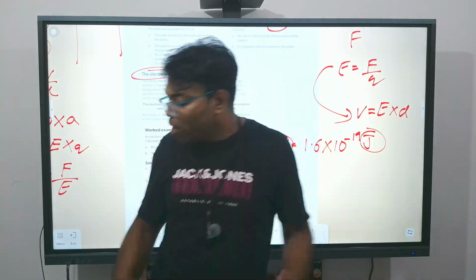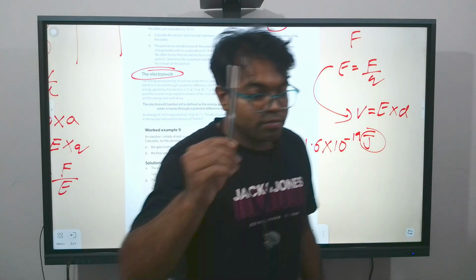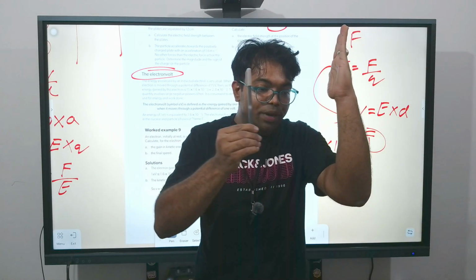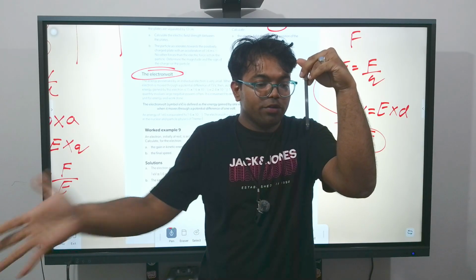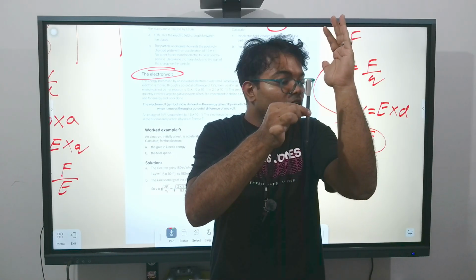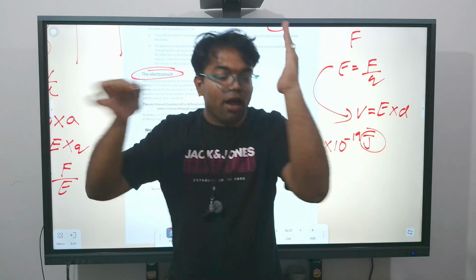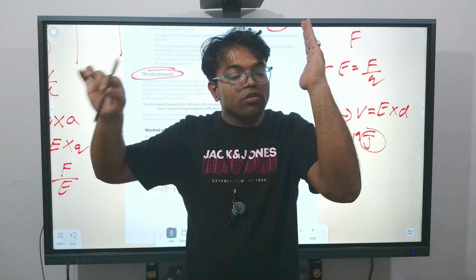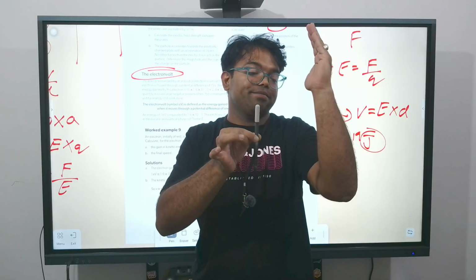Understood? Now if you have a charge like this, one second, where did I throw my pen? Okay, so if you bring this close to this, and if you try to remove your force, the charge should not stay here. It should go away. Now how does it go away? It goes away with the help of the stored energy that it had.